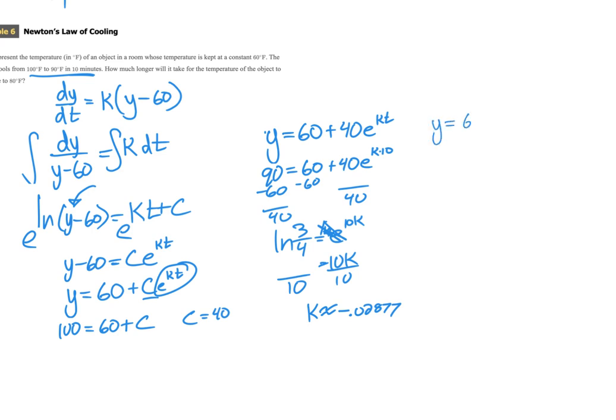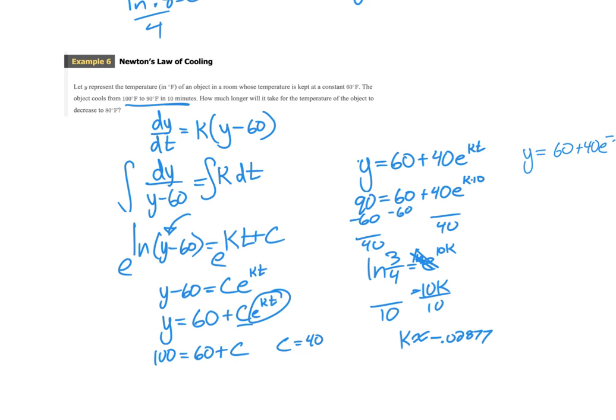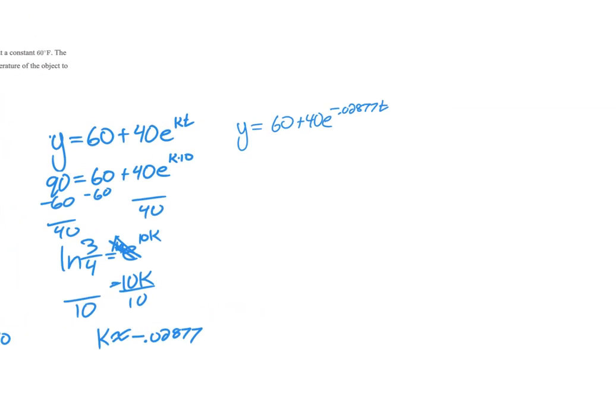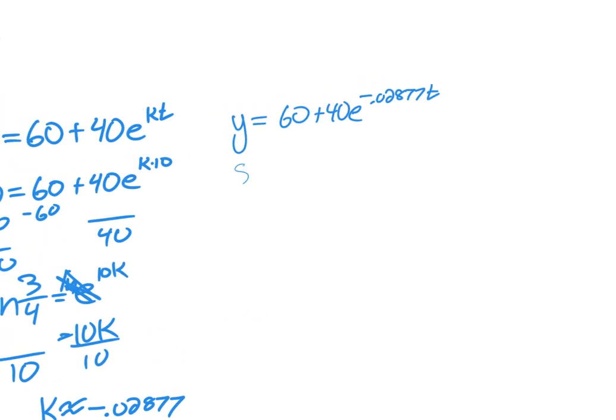y equals 60 plus 40 e to the negative 0.02877 t. We can go back and actually answer the question, how much longer will it take for the temperature of the object to decrease to 80 degrees Fahrenheit? So I'm going to put my 80 equals, we'll subtract 60, divide by 40 again. So that gives me 1/2 equals e to the negative 0.02877 t.